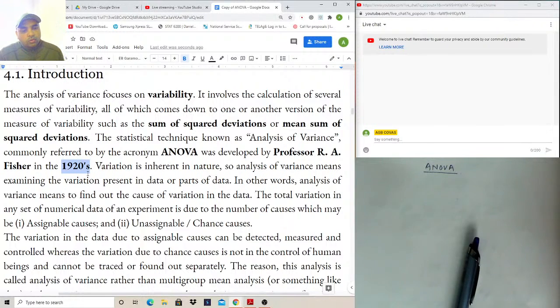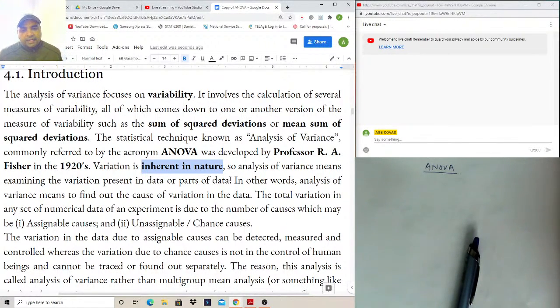As I have already told you, variation is inherent in nature. You take anything, there is some variation from one thing to another. Even if you measure something with the same instrument, some sort of variation is bound to come there.